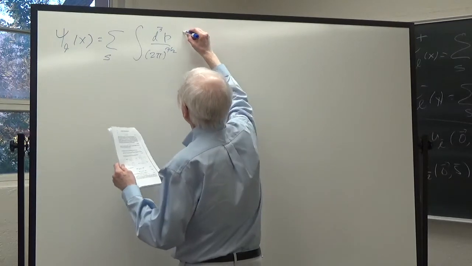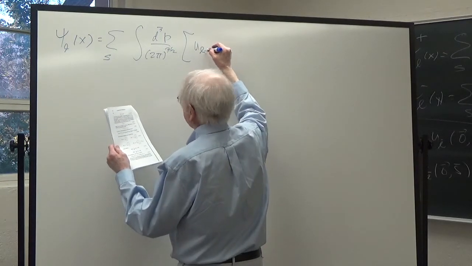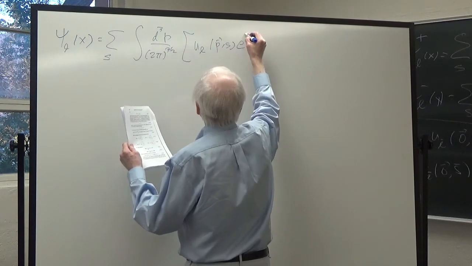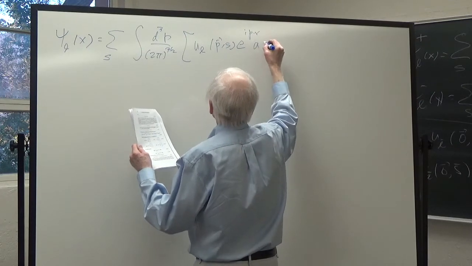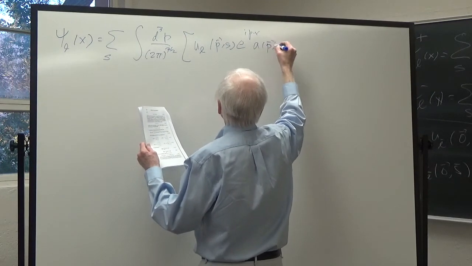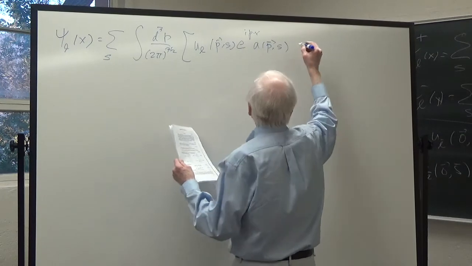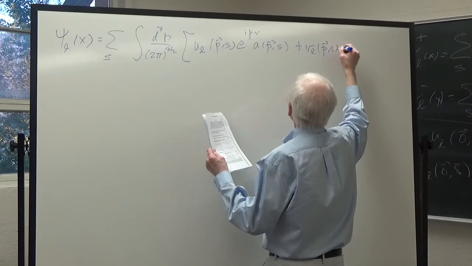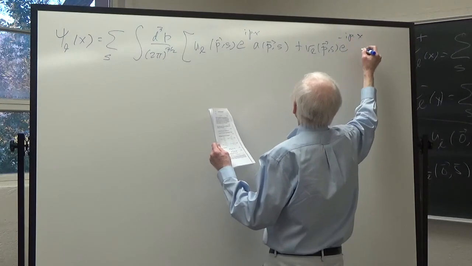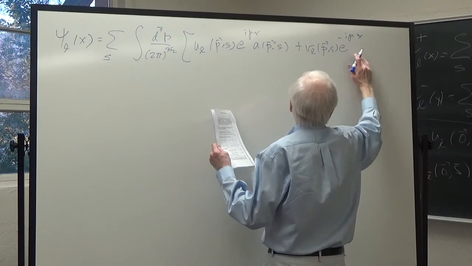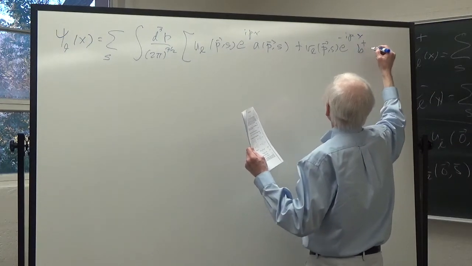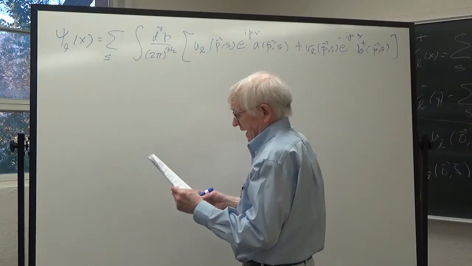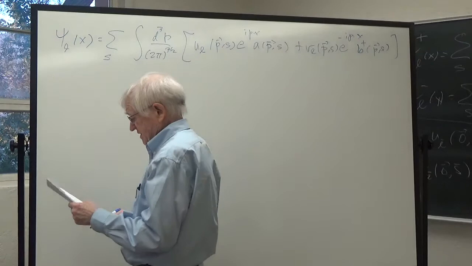The rest is U sub L of p and s, e to the i p dot x, A of p and s, plus V sub L of p and s, e to the minus i p dot x, A conjugate, or more simply B dagger of p and s.